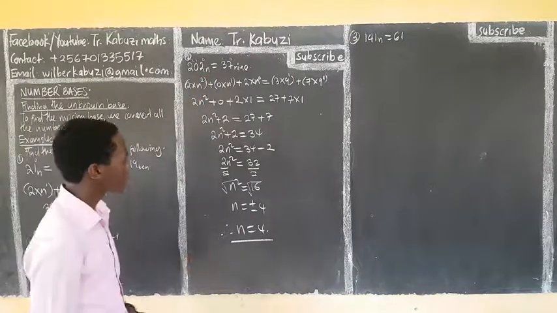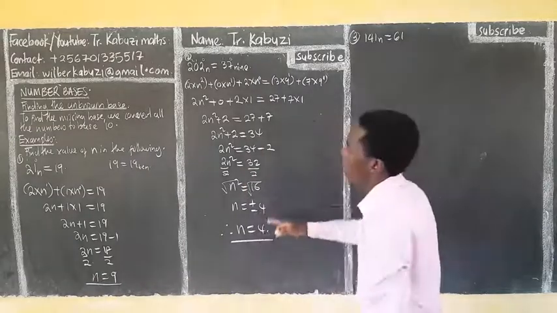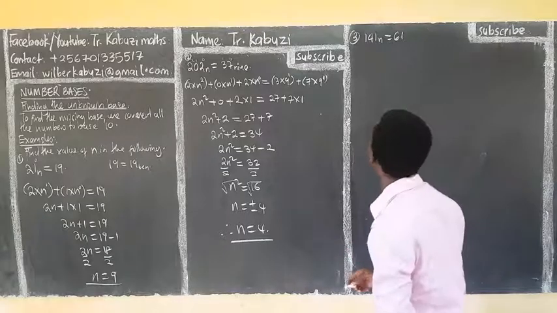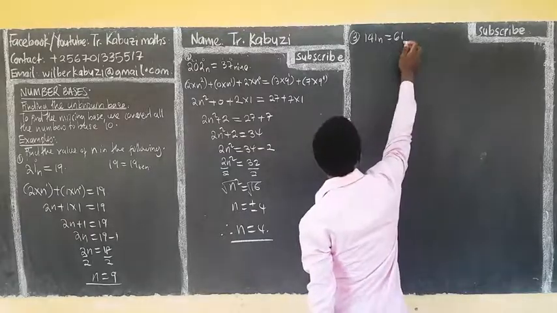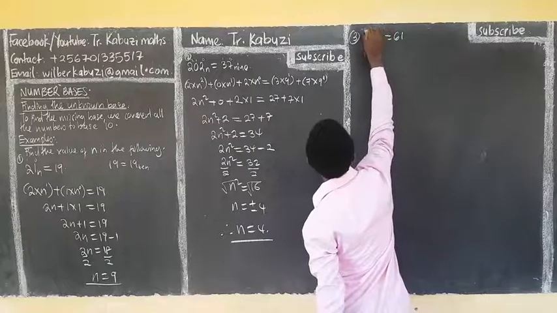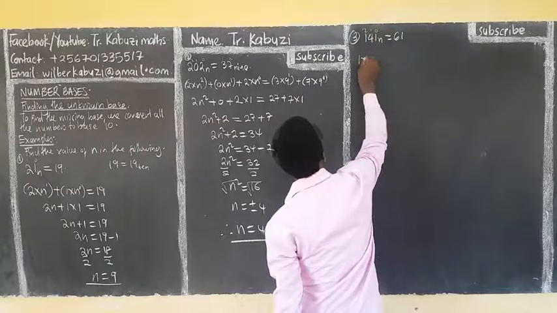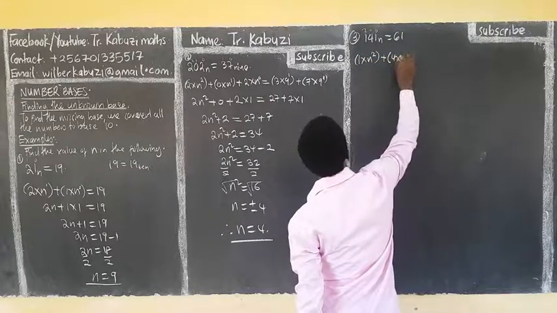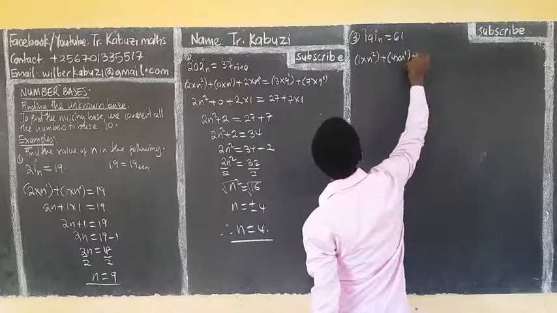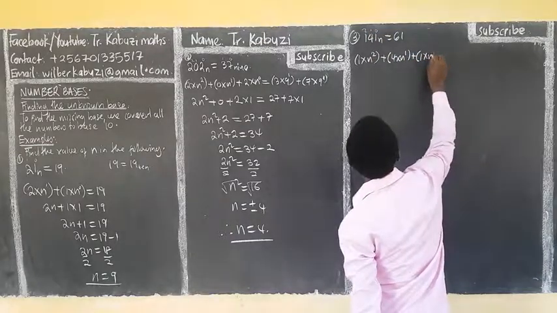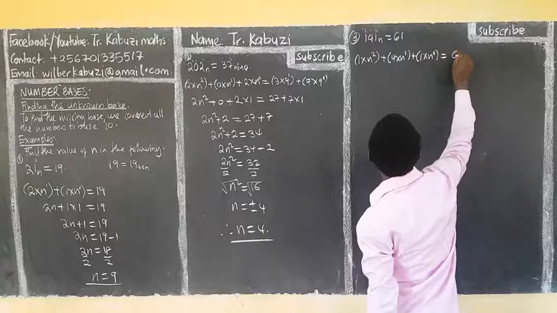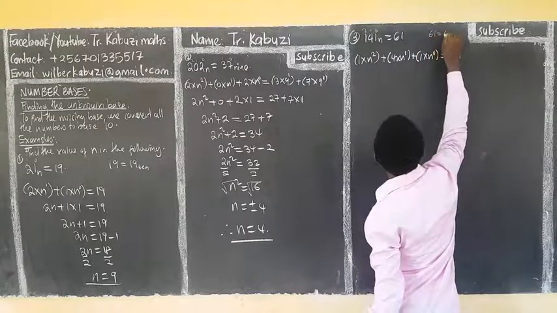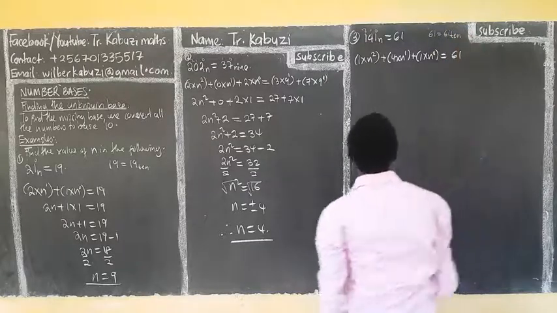So that's it. But now I come to this. Now these are very easy, but when we come to this, we need the idea of quadratic equations. You see that this one has no base, so it is base 10. So this will be 1 times n power 2 plus 4 times n power 1 plus 1 times n power 0 equaling 61. This is already base 10, so don't waste time, because 61 is the same as 61 base 10.